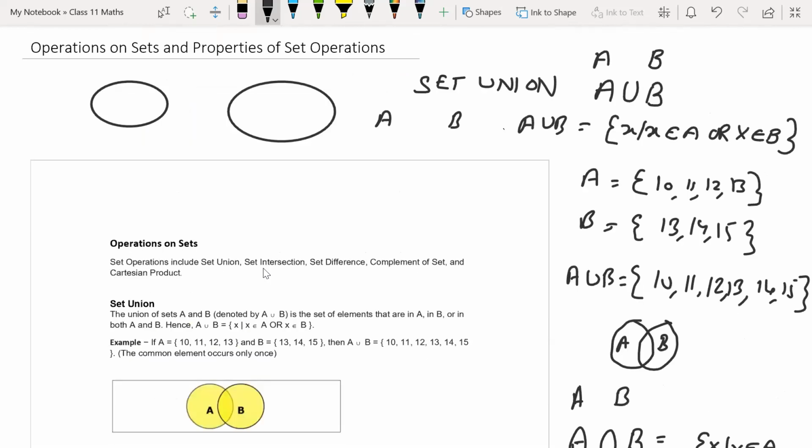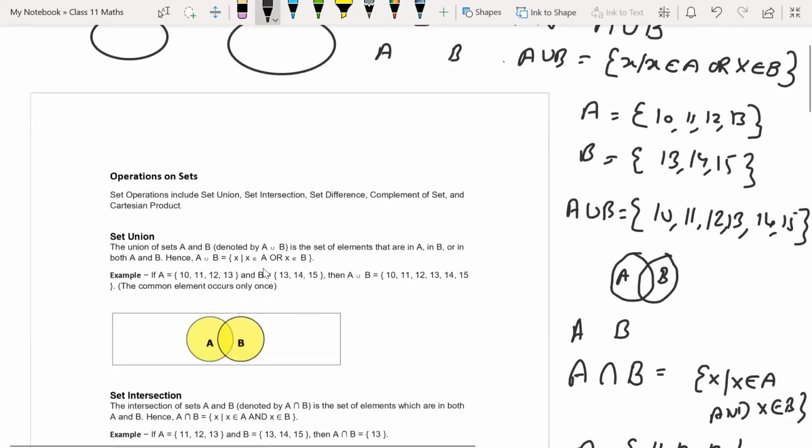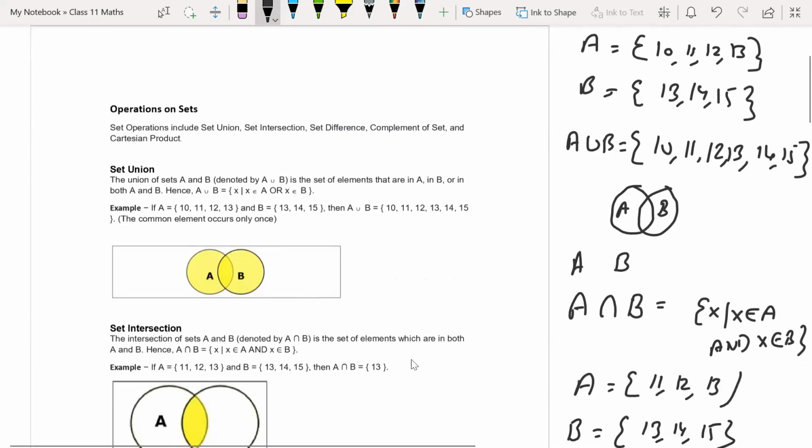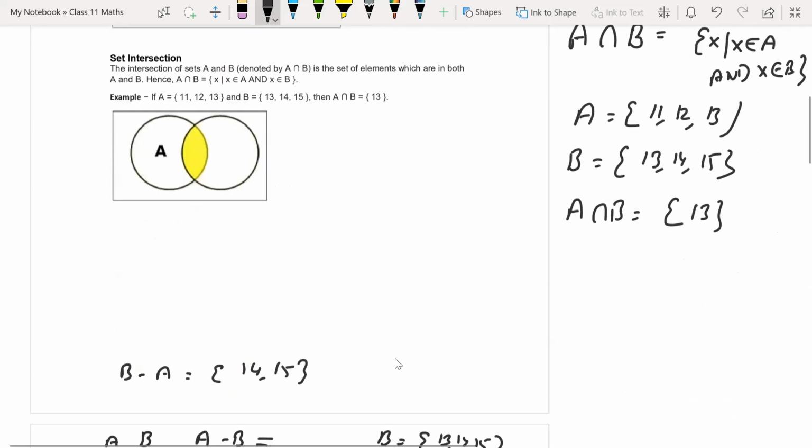Let's repeat once again. The set operations include set union, set intersection, set difference, complement of set, and Cartesian product. Union of sets A and B is the set of elements that are in A, in B, or in both. It is the OR operation. Set intersection is the AND operation. Both must be there; common elements are to be calculated in intersection.